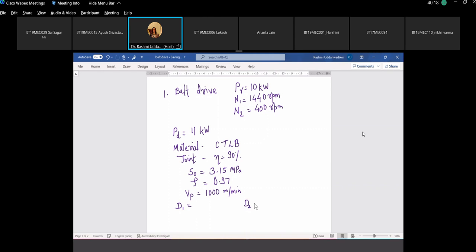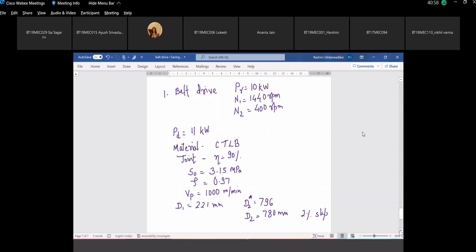Smaller pulley diameter 221, larger pulley diameter 796 without slip, and considering 2% slip, we got this value as 780 mm.